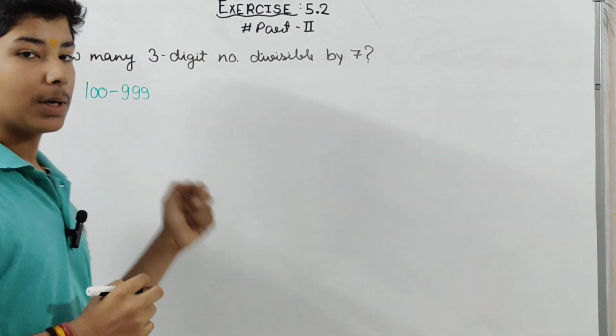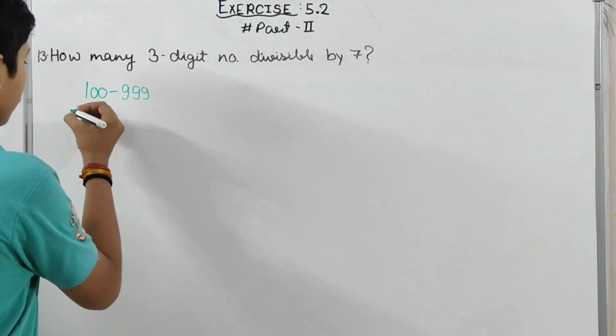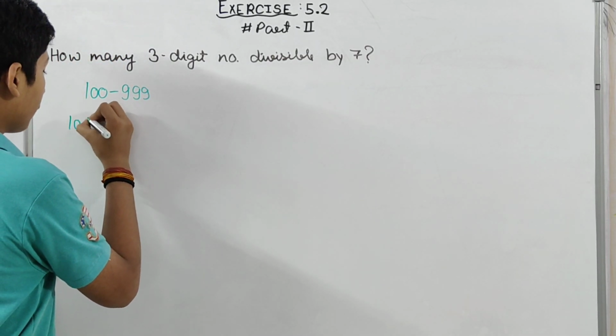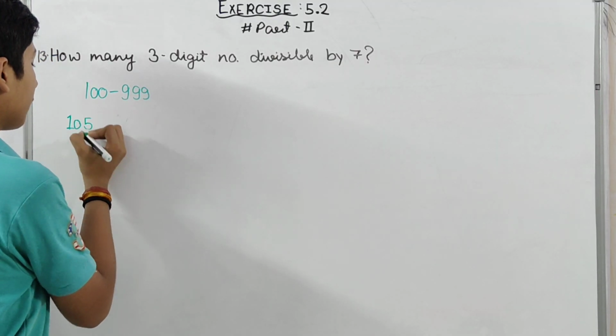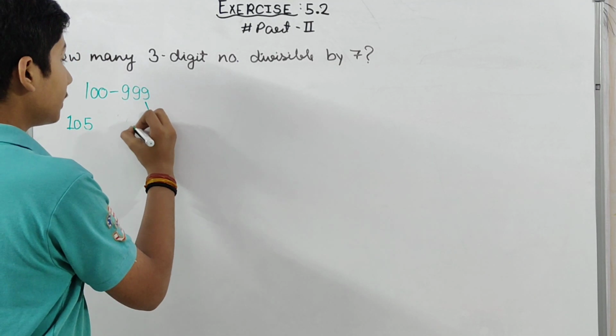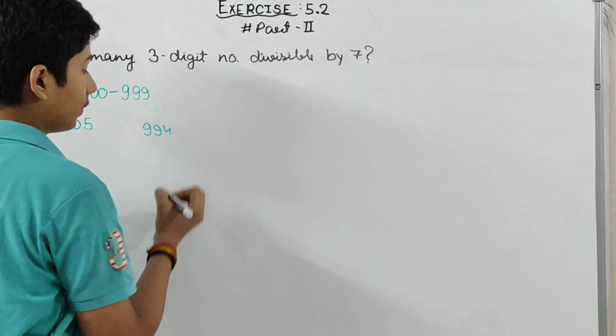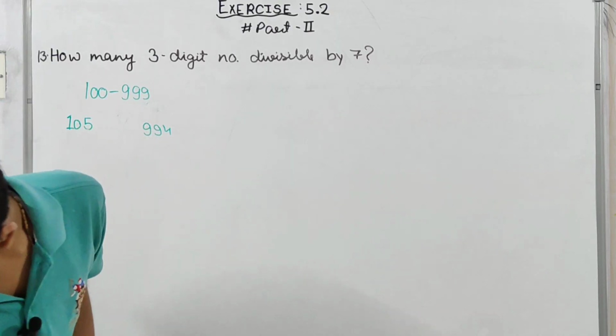If we subtract 2 from 100, it becomes 98, so instead we'll add 5. So the smallest three-digit number divisible by 7 is 105. Similarly, the largest number is 994.